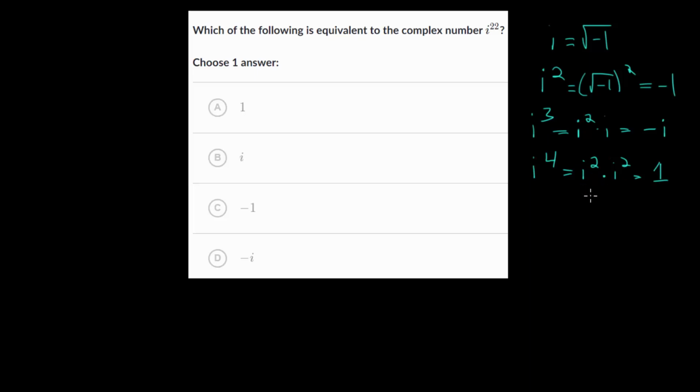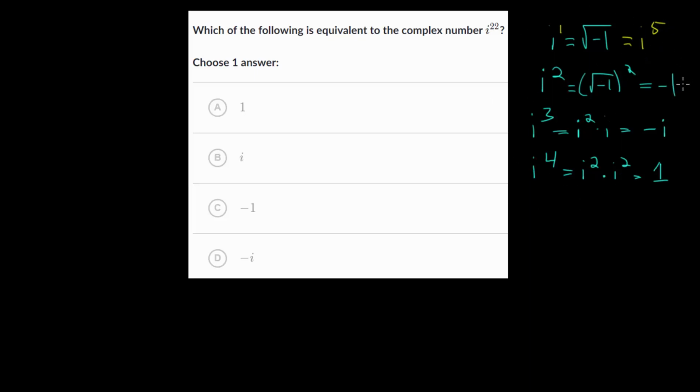We looked at that both algebraically by just computing i to the fifth, sixth, seventh, eighth, ninth, and so on. And we looked at it geometrically on the complex plane, where every time we multiplied by i, we went in a 90-degree rotation from where we were. So we know that every time we increase the exponent by 4, we end up back at the same place in this cycle.